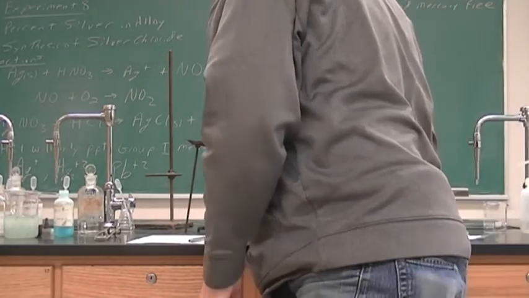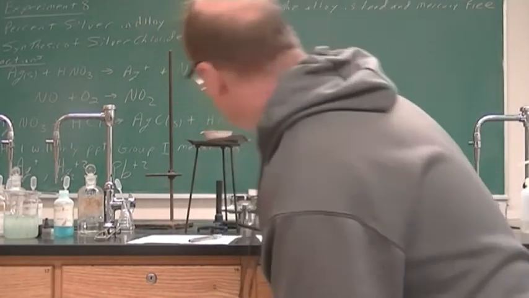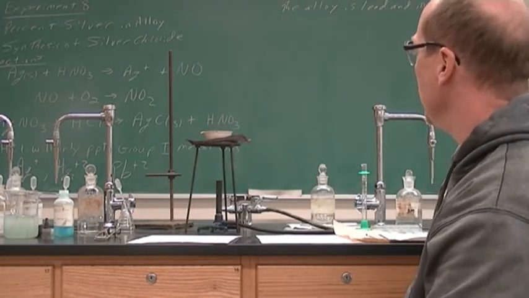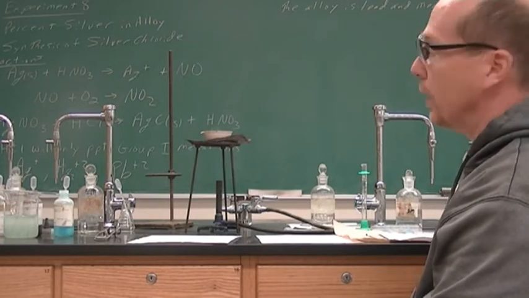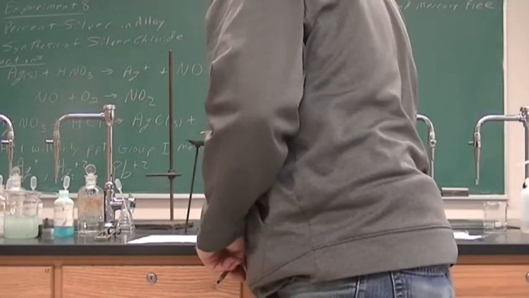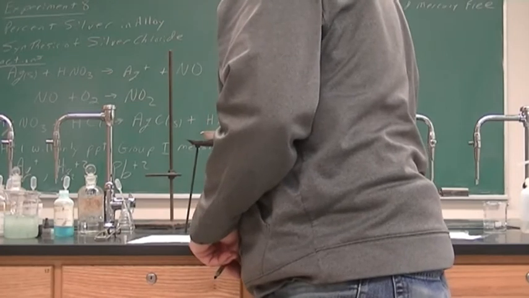We are getting very close to dryness here. One more mass, and we can call it an experiment now. After it's dry, we have to let it cool for a while. All right, it's getting down.